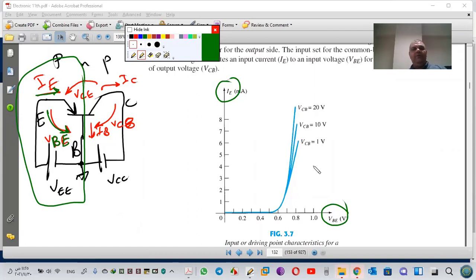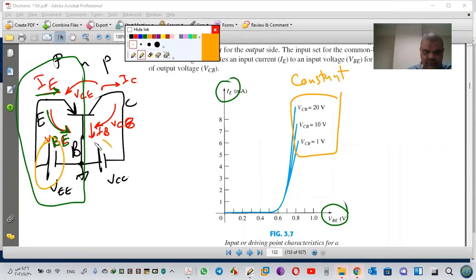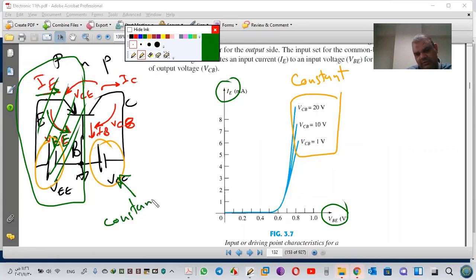Why do we flip? If you flip, you just change the sign. So for that reason, we are using VBE. You can use VEB, yes, absolutely correct, but you have to change the sign. See, my friend, VCB is constant. Usually, if you have two batteries like this and I'm studying the input characteristic, you must keep this one constant.